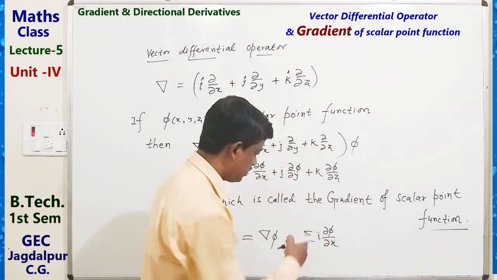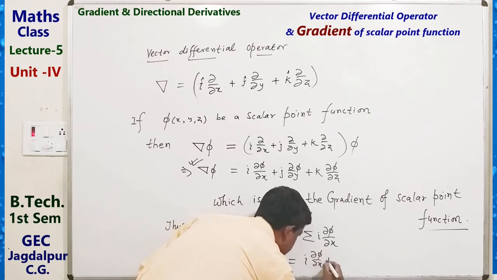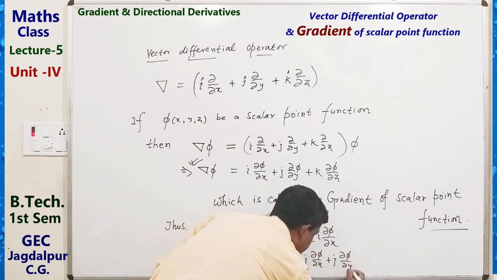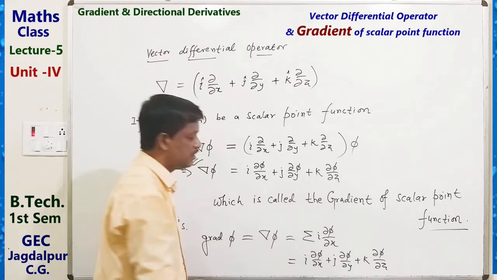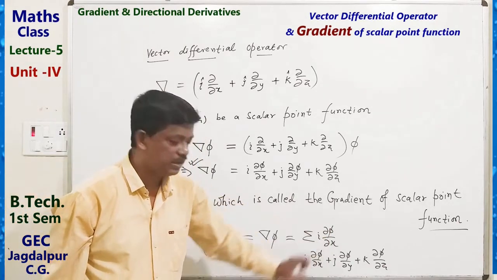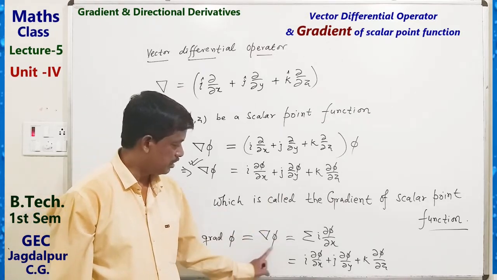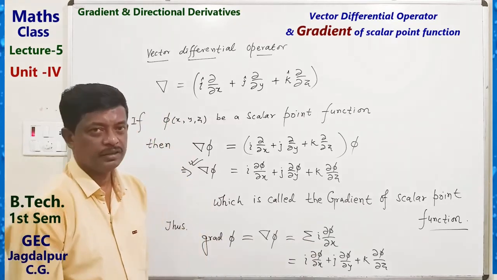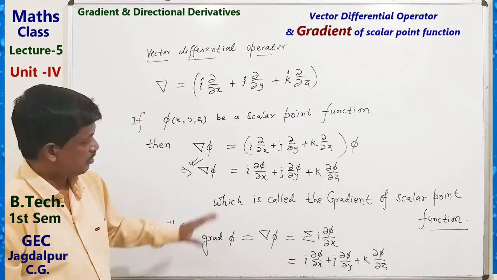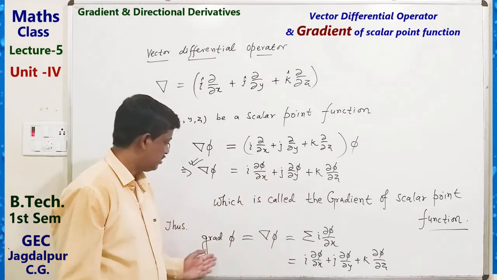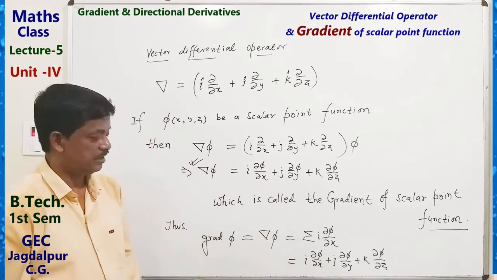In short, we can write it as the sum over i, j, k of i del phi/del x. So gradient phi can be written like this. That is the definition of gradient. Gradient is a vector quantity: grad phi, del phi.